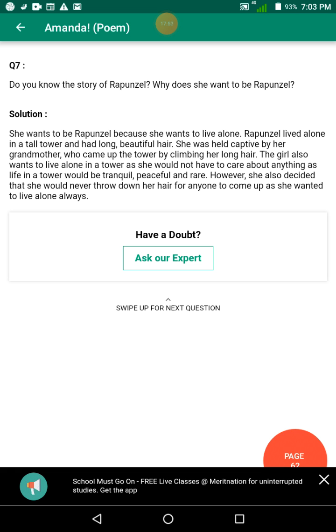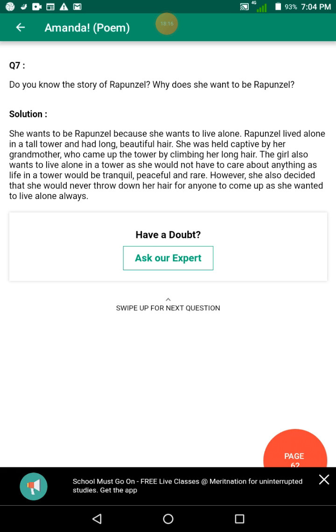Look at the spelling of Rapunzel, R-A-P, Rapunzel. She wants to be Rapunzel because she wants to live alone. Rapunzel lived alone in a tall tower and had long, beautiful hair. She was held captive by her grandmother, who came to the tower by climbing her long hair.